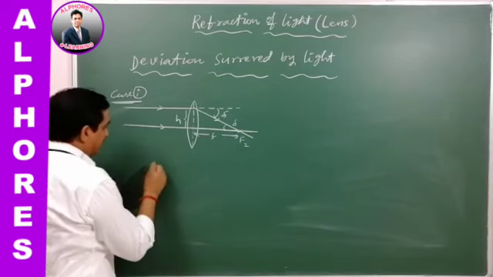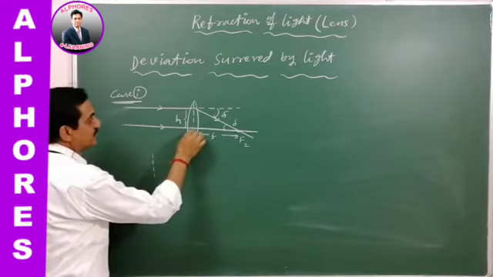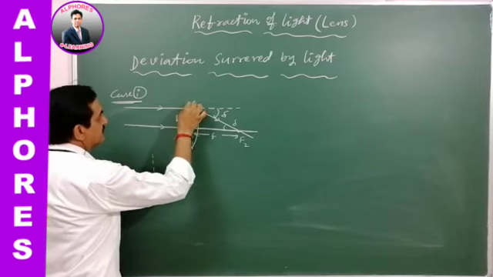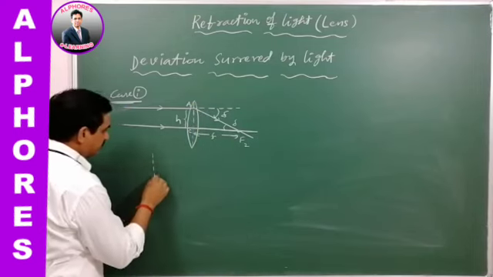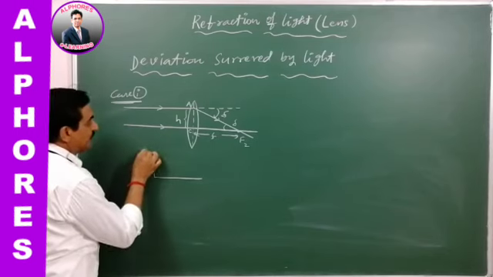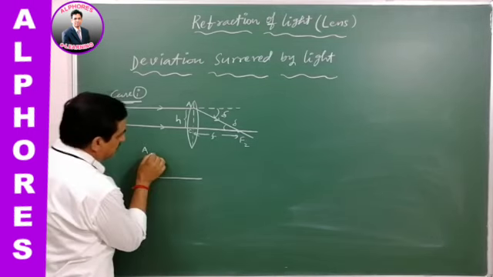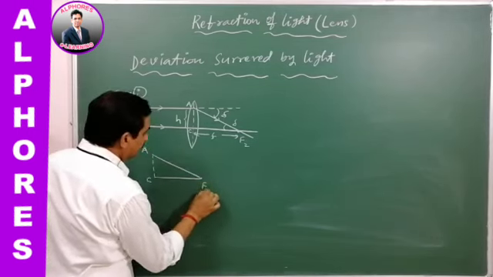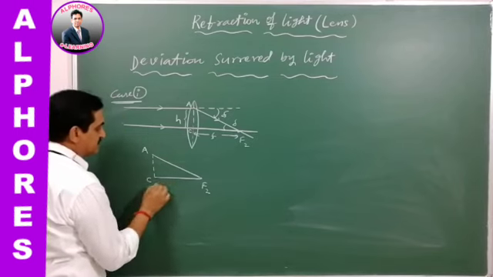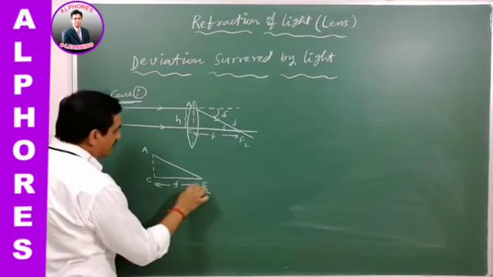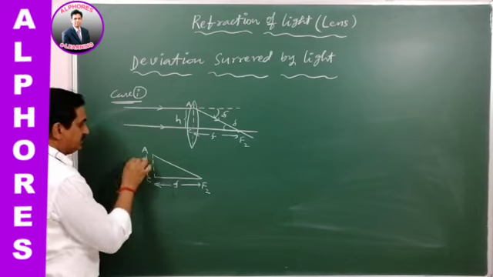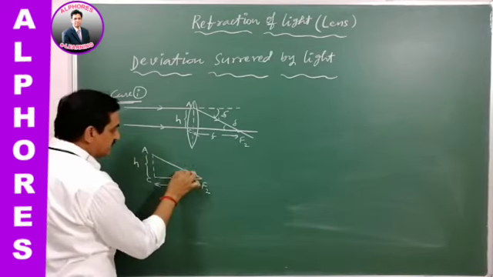Now from this triangle, see, this is center C, this is A, and this is F2, and this side is focal length f, and this one is h, and this is delta.